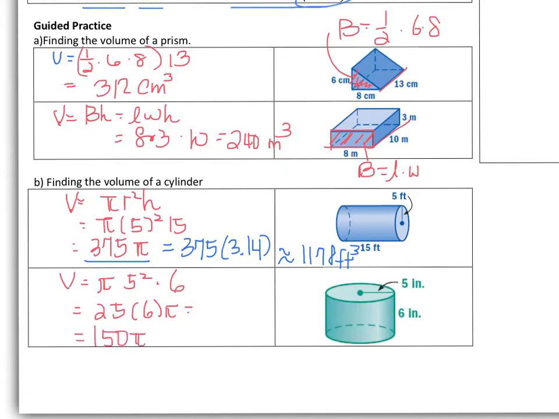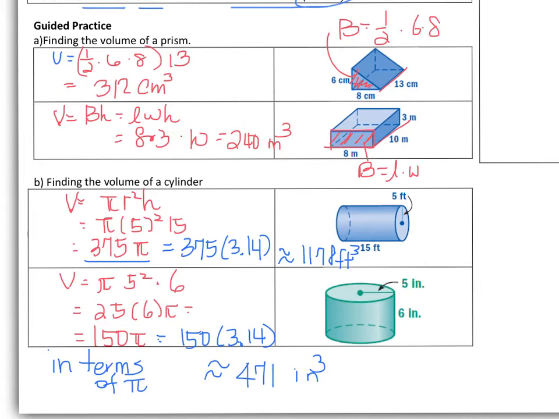Again, this is the answer in terms of pi. If I ask you to keep going, 150 times 3.14 will give you about 471 inches cubed.